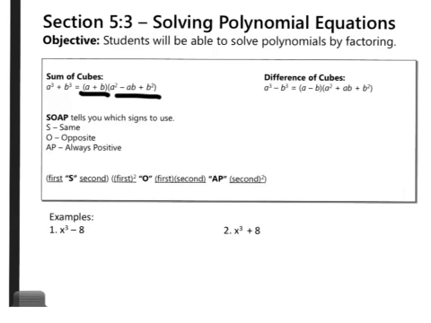The reason this is called the SOAP method is because SOAP tells you what signs to use. As you can see, you have 1, 2, 3 signs in these factored forms. No matter if it's the sum or the difference of cubes, you have 3 signs. SOAP tells you first you use the same sign, then you use the opposite sign, and then your sign is always positive.